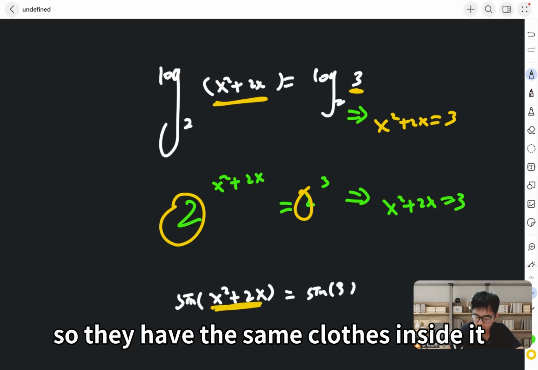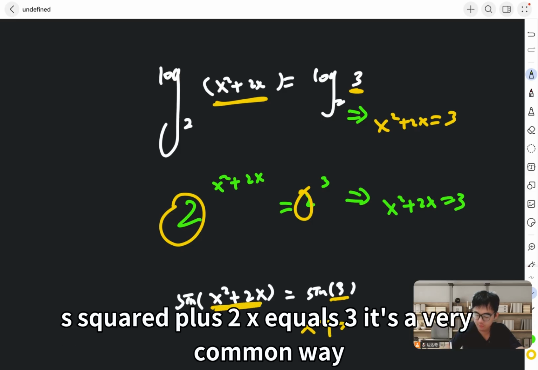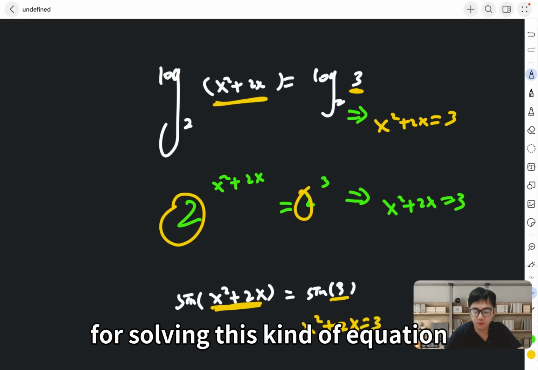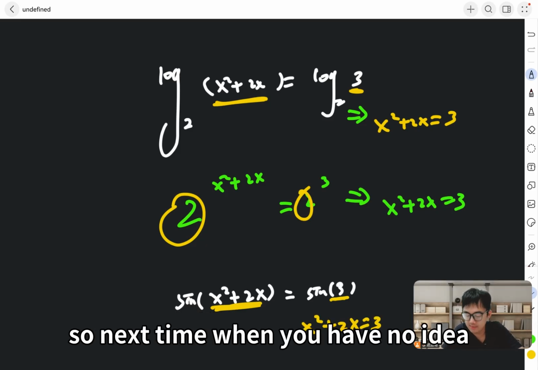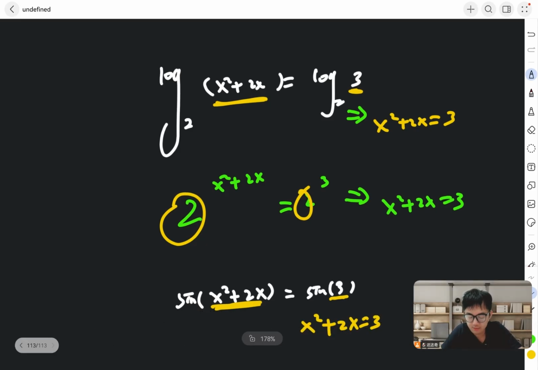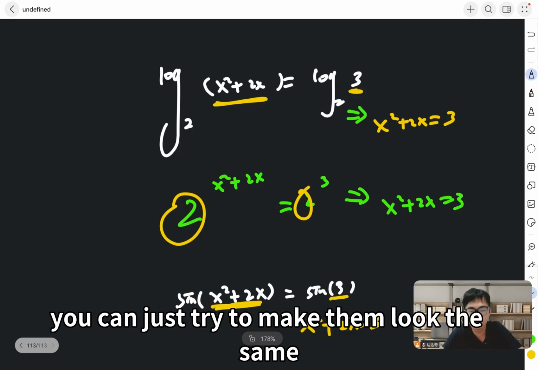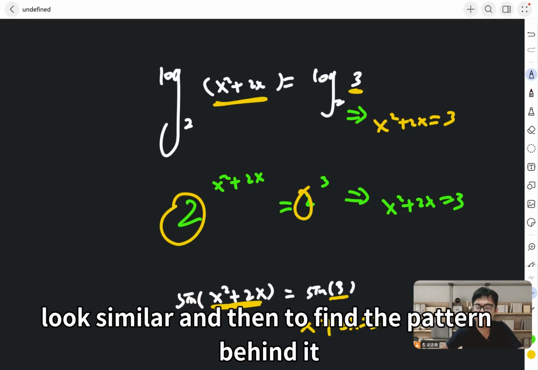They have the same clothes, so inside it, x squared plus 2x equals 3. It's a very common way for solving this kind of equation. So next time when you have no idea, you can just try to make them look the same, look similar, and then find the pattern behind it.